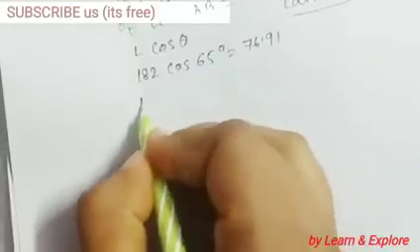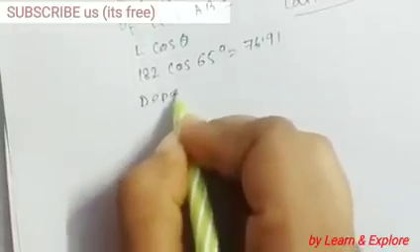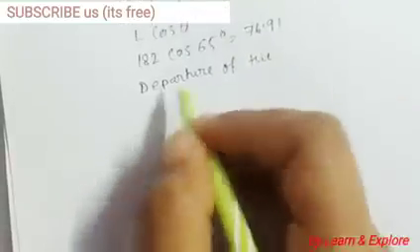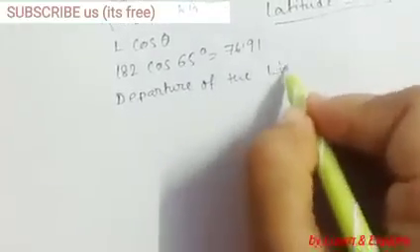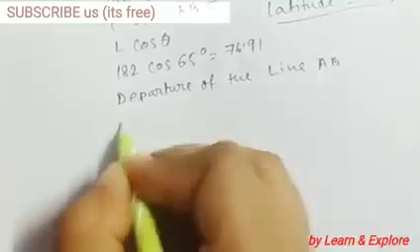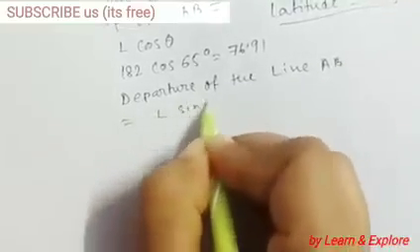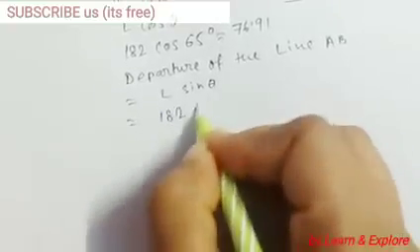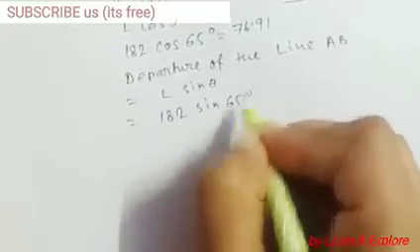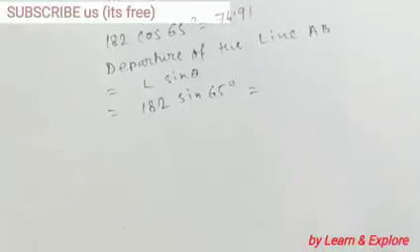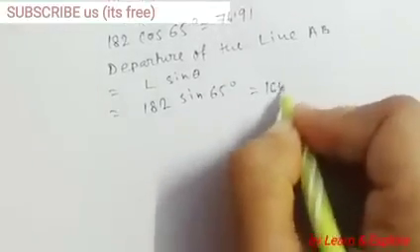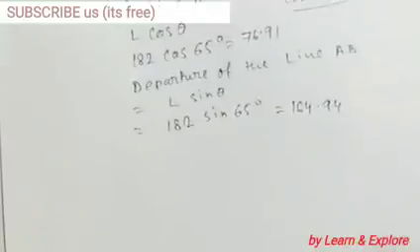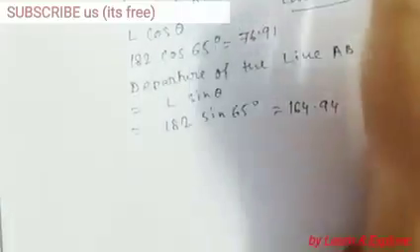And the departure of line AB is L sin theta, so I put 182 sin 65 degrees. It calculates to be 164.94. So here we found the departure and the latitude.